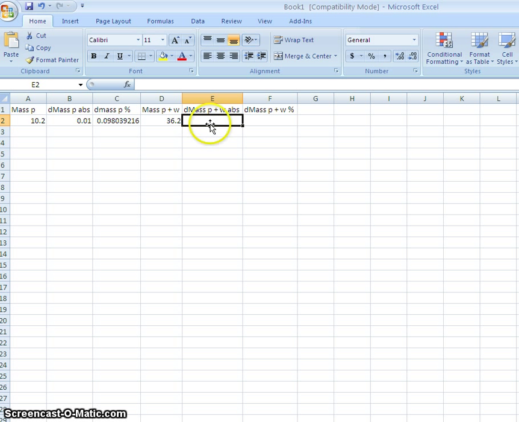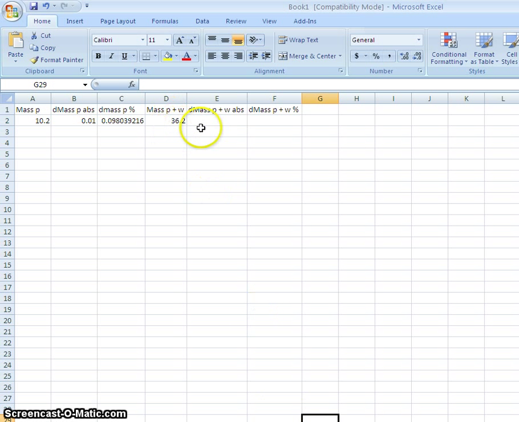Now, remember over here I said put it as equals 0.01. I'm just going to type in the 0.01 so you can see what happens when we get to the fill down, because we're going to do some fill down stuff in a second. So it doesn't mean anything right now. This one's going to be the percentage just like before: what percent the absolute is of the actual value, put into percent with 100.